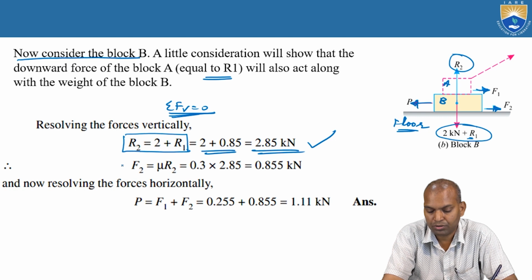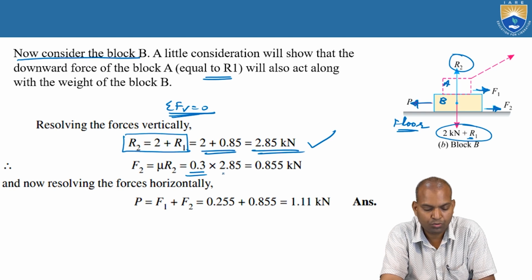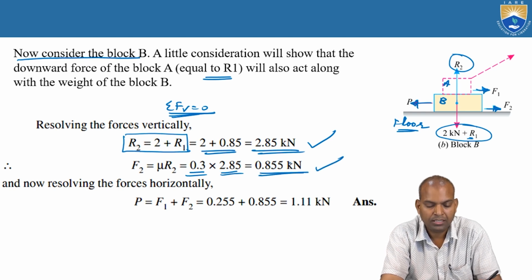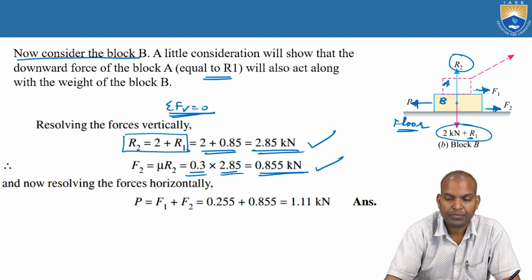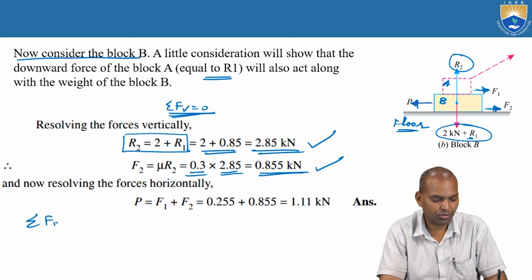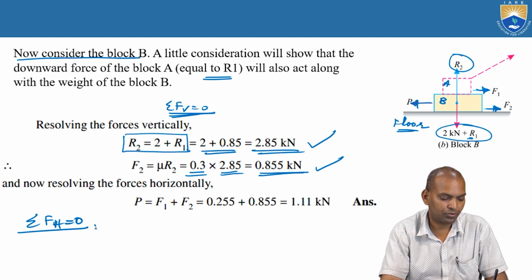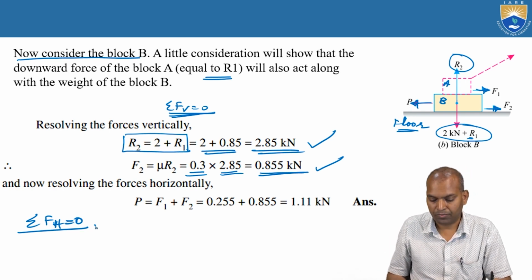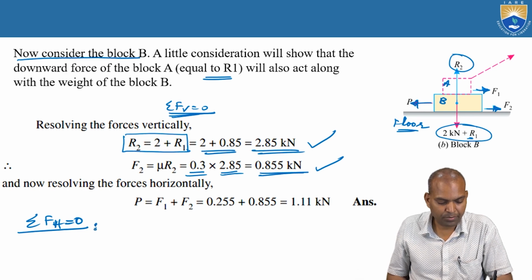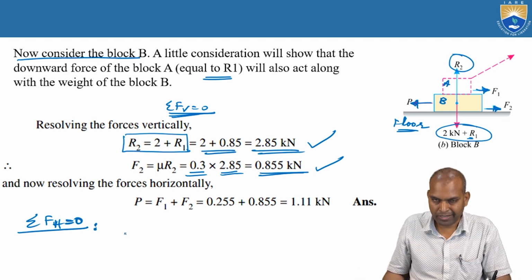What about the friction force? F2 equals mu times R2, that is 0.3 times 2.85, which is 0.855 kilonewtons. Now, horizontal equilibrium, sigma Fh equal to 0. The algebraic sum of all horizontal forces equals 0, leftward forces equal rightward forces.